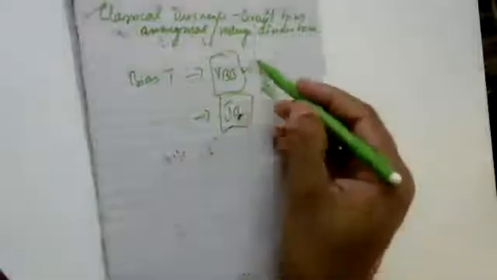So now let me say that if I'm following the first approach, how will my circuit be? My circuit will be somewhat like this, wherein this is my NPN transistor, this is my collector, this is my base, and this is my emitter.